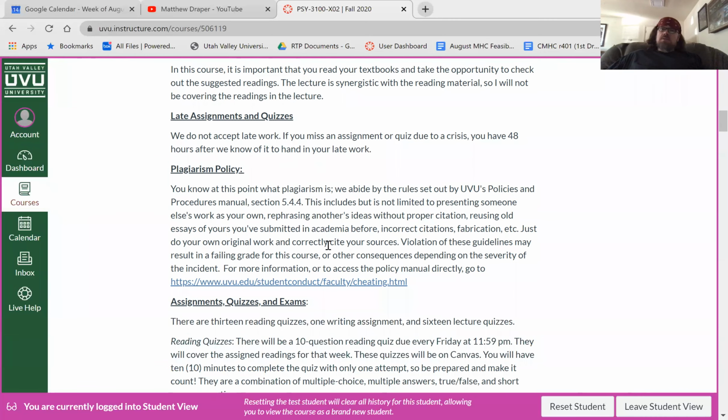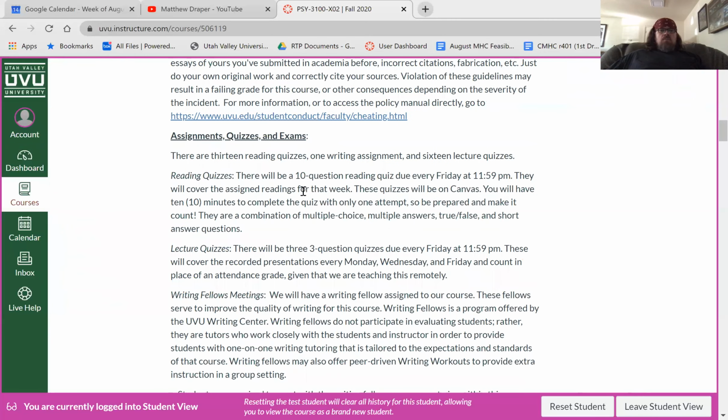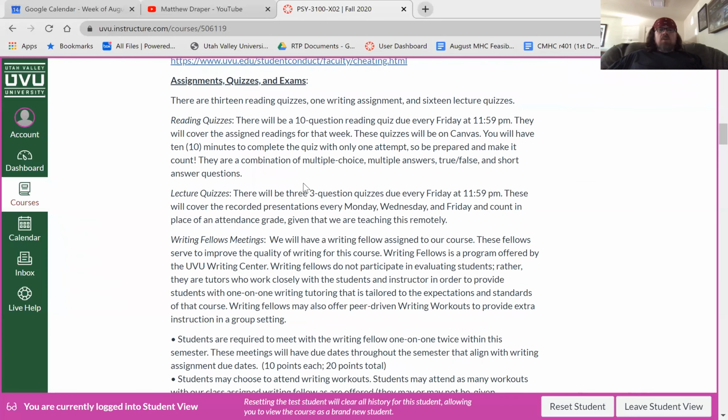So here's the plagiarism policy. Don't plagiarize. Now, one of the reasons why I wanted to go over this really quick is because there are two types of quizzes every week in this particular course. One set of quizzes are called reading quizzes. These are where you have read the chapter or article for the week, chapters or articles, because sometimes there's more than one, and you take a basic quiz here on Canvas about what you've read.